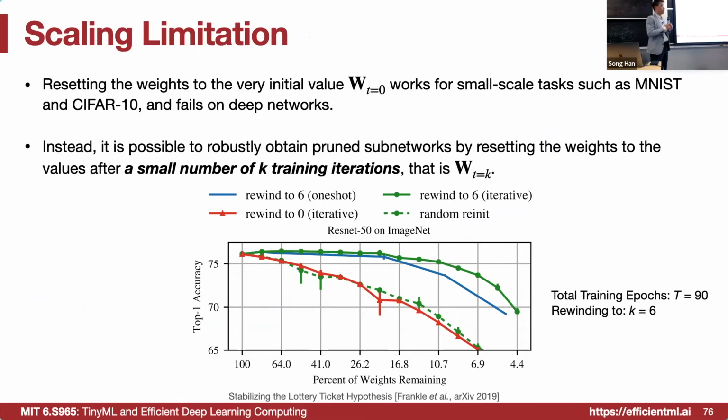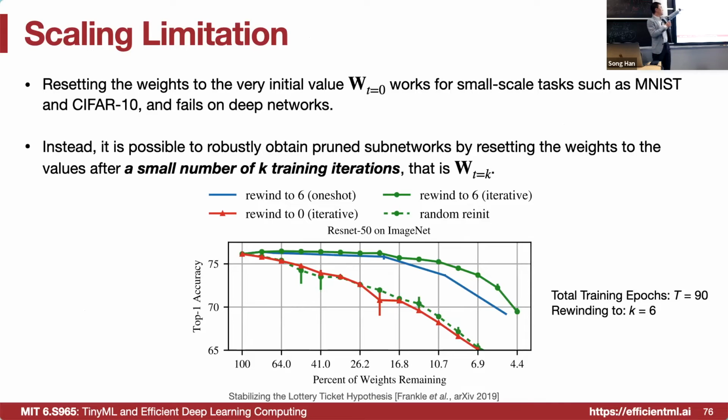Okay, so there is a scaling limitation where we reset the weights to the very initial value. It works for small scale tasks like MNIST and CIFAR, but for deeper networks on ImageNet it actually does not work.